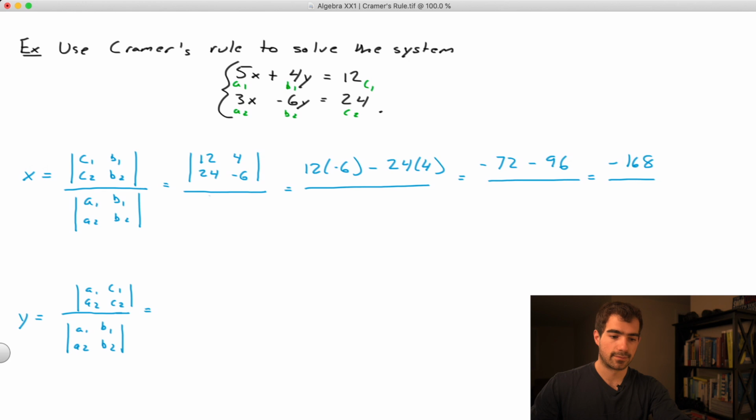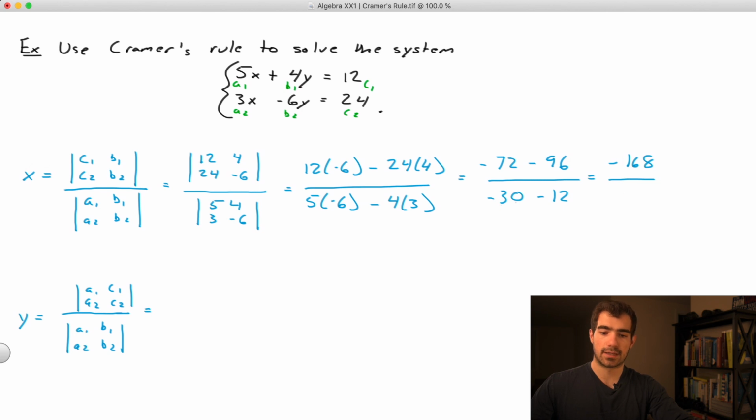Our denominator is going to be A1, B1, or 5, 4, and then A2, B2, or 3, negative 6. And so doing this determinant is going to be taking the product of the first diagonal, so 5 times negative 6, minus the product of the second diagonal, which will be 4 times 3. 5 times negative 6 is going to give us negative 30, minus 4 times 3 would be minus 12, and so this will be negative 30 minus 12, or negative 42.